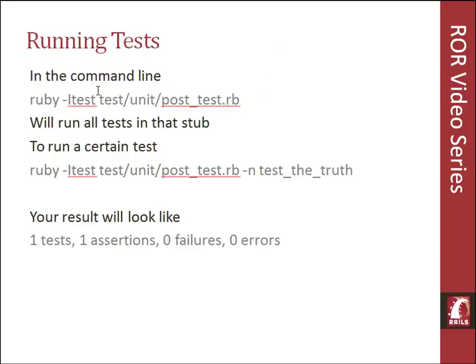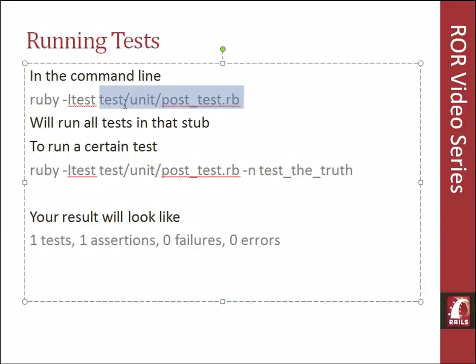And running tests, you run them in the command line with something like this. This would run the post unit test for the model. To run a certain test, you could put the name on the end of it, like test the truth. Otherwise this runs all tests in this file.